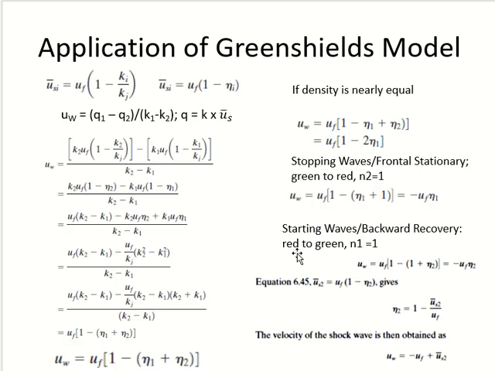Now I will replace the value of eta with k upon kj. So this becomes k2 upon kj, this becomes k1 upon kj, and there is already k1 and k2 here. So when you open it, it will be squared. UF is common, and kj will be common.